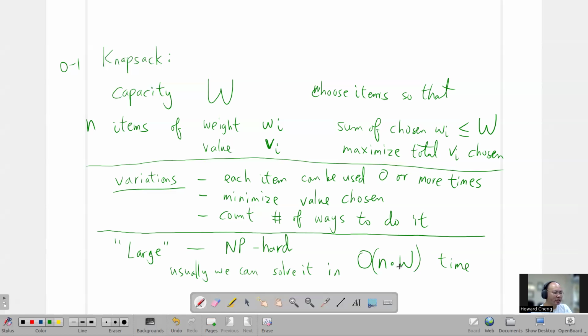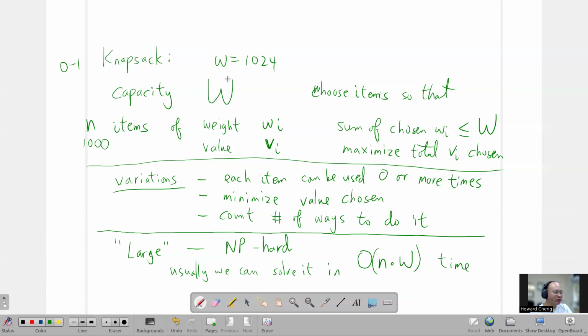It's just n times something, and that's just two input parameters. But the reason is that, for example, if W is, I don't know, 1024, which is not that big. So if you have 1,000 items and 1,024, that's n times W is only 1,000,000. So you say, wow, that's not too bad.